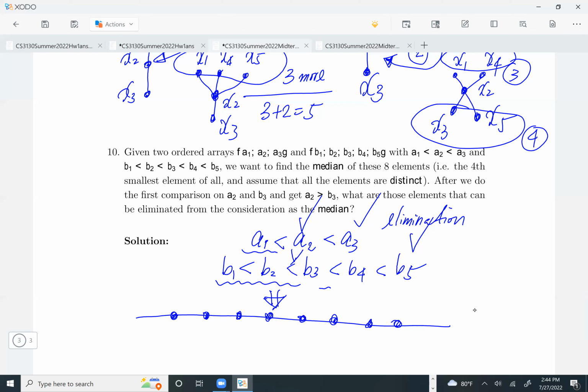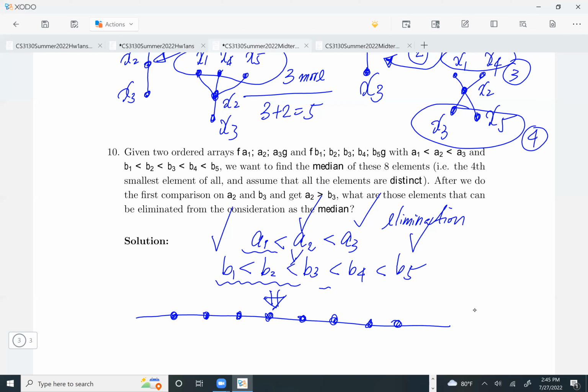So b1 is less than at least 6 elements, so b1 can be eliminated. Then b2 is less than 3 in the B array and 2 in the A array, at least 5 elements. So b2 can also be eliminated.